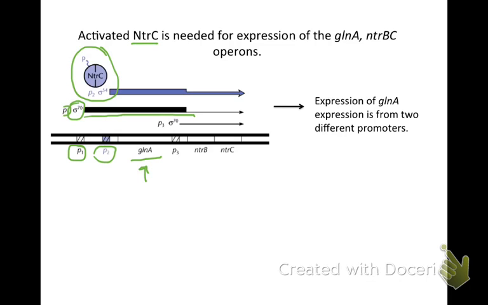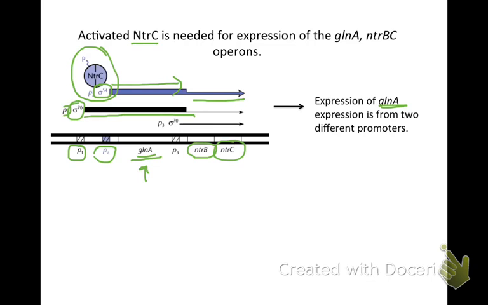We've got phosphorylated NTRC and sigma 54. This is the sequence we saw on the previous slide, and it's going to make much more glnA. It also will have some mRNA that reads through to increase expression of NTRB and NTRC. So expression of glnA goes up, and what is glnA?